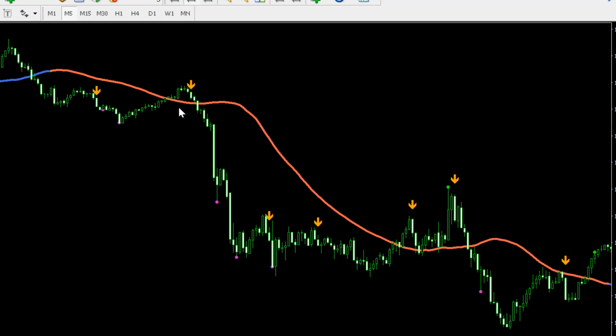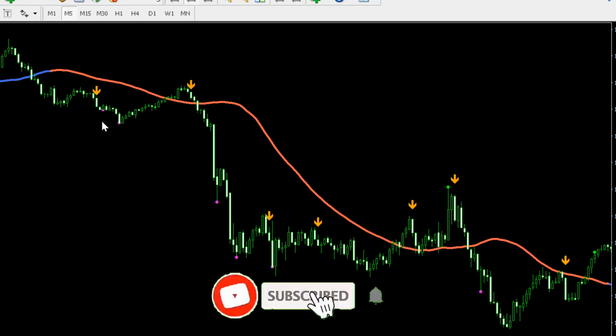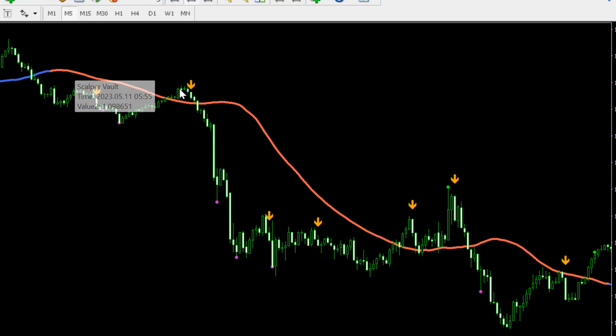How do I use the trend line? Since the strategy is based on the pullback strategy and trading with the trend, we will use the trend line as our guide in filtering out false signals and in trading with the trend.